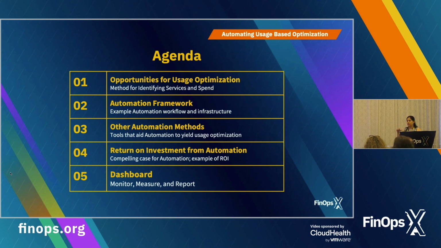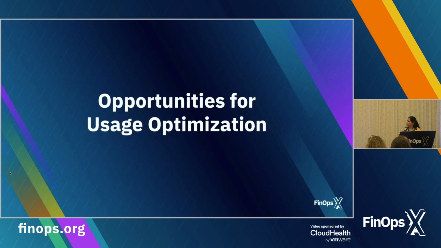But if you want to come up with ideas or more understanding on how we can semi-automate without setting up the custom automation, I'll walk you through some of those initiatives. And then how to set up the automation, how to make your case for the effort and the money involved in that initiative. And last one, how to measure it through dashboarding.